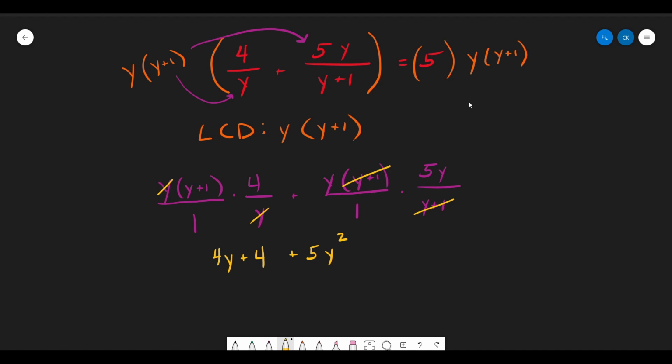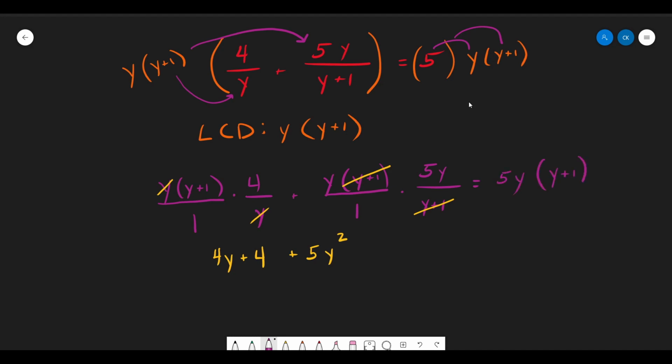Now I'm going to go to the other side of the equation, and I'm going to do 5 times y plus 1. It doesn't matter in which way I multiply these. I could do the 5 times y first and then multiply that by y plus 1, or I could do the y times y plus 1 first and then multiply it by 5. It doesn't really matter. We'll do the 5 first. 5 times y is 5y.